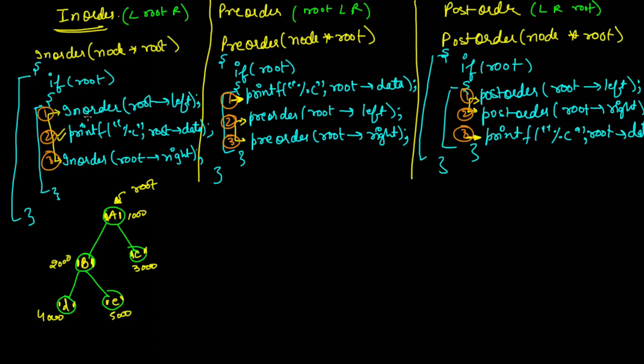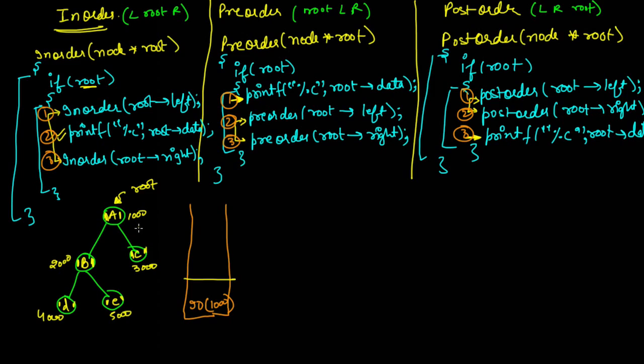Okay, in line number 1, if we call inorder on this, that means initially I've called inorder on 1000. When I've called inorder of 1000, the if root statement will be executed. Why?